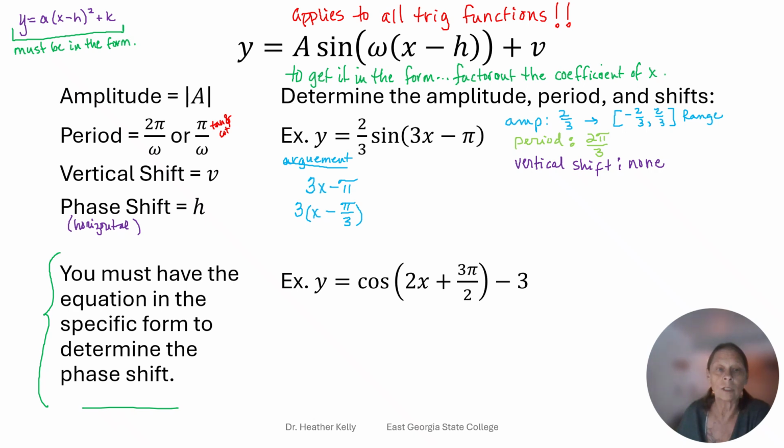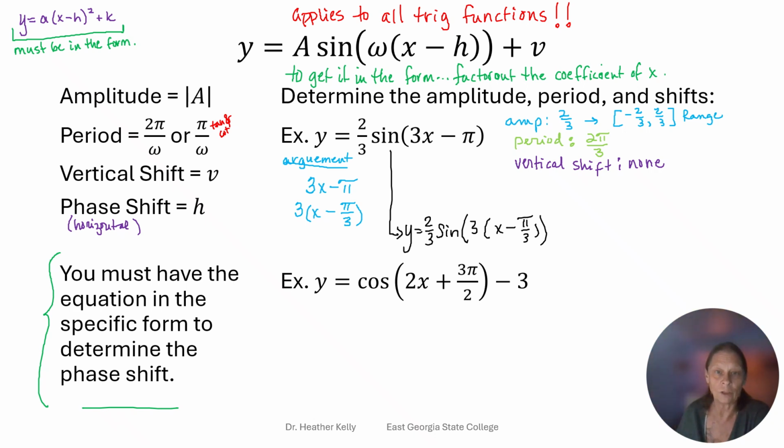So the equation here can be rewritten as y is equal to 2/3 sine of 3 times x minus pi over 3. And there is our phase shift.